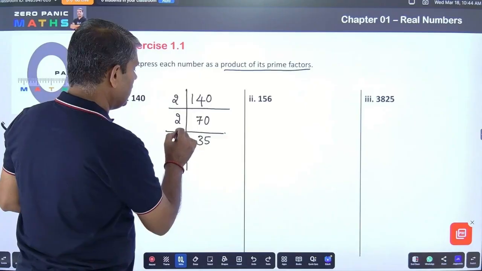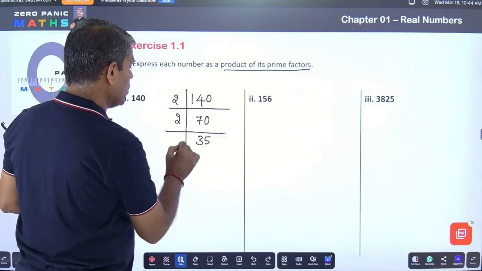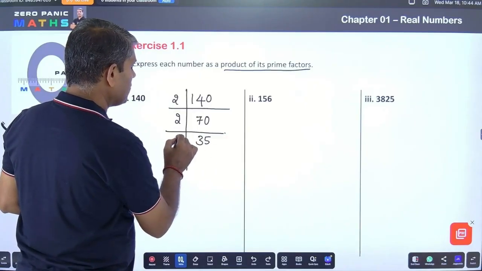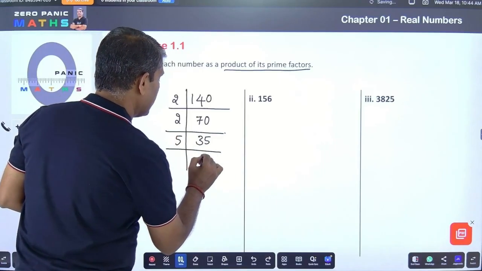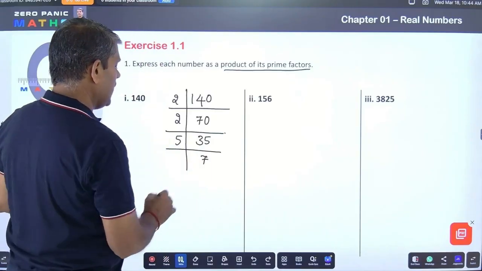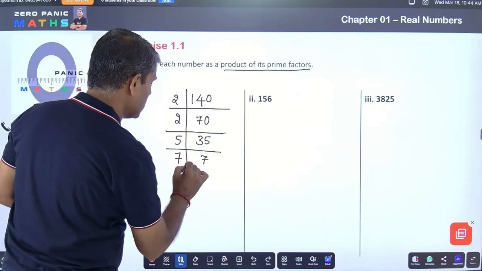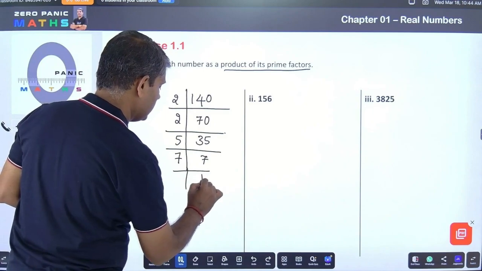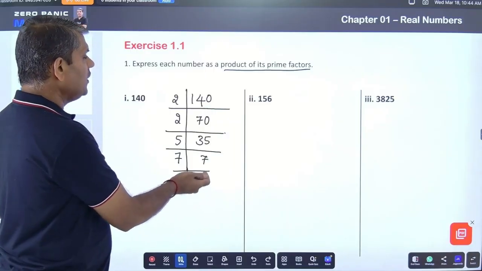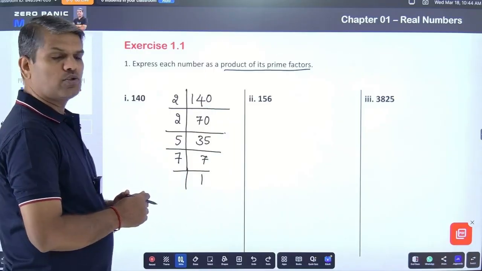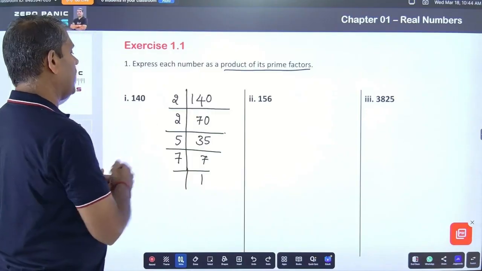Now, can I divide 35 by 2? No. Can I divide it by 3? No. I can divide it by 5. So 5 sevens are 35, and finally 7 ones are 7.